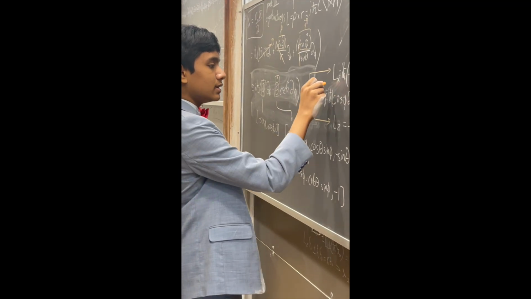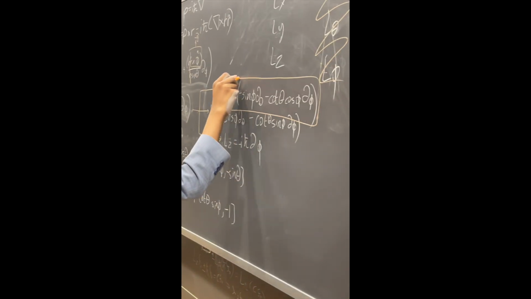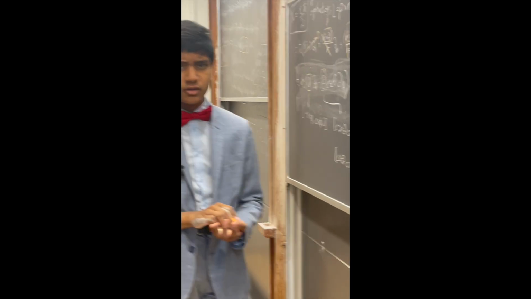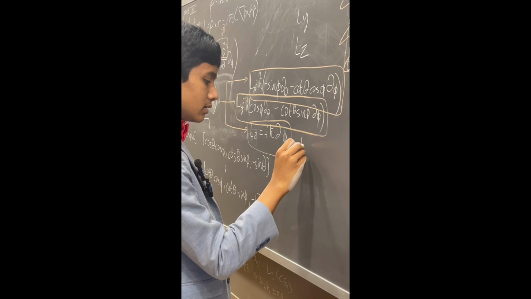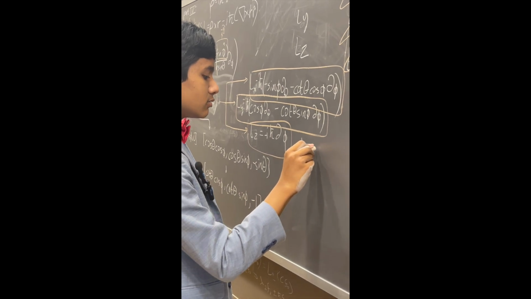So there we go. These are the 3 operators that we're going to be working with. We also want the ladder operators, so let's express those really quickly. We get L plus minus is equal to what?